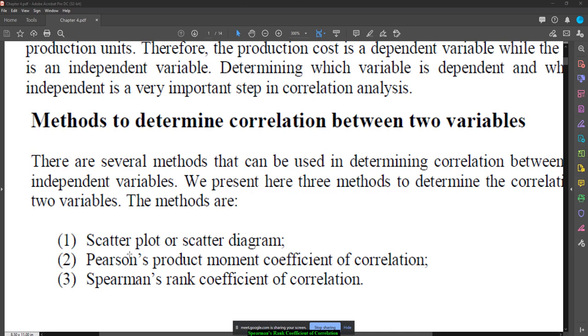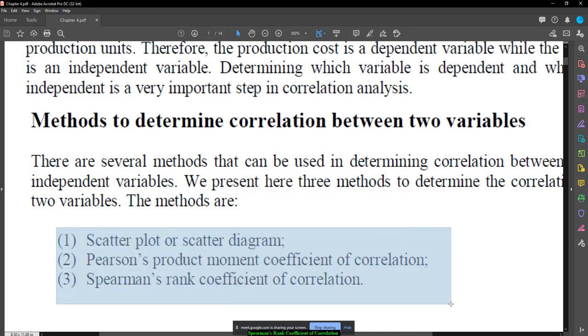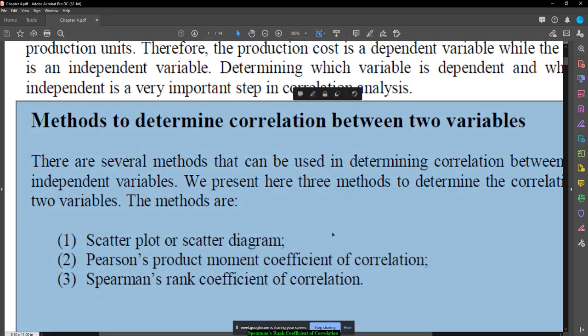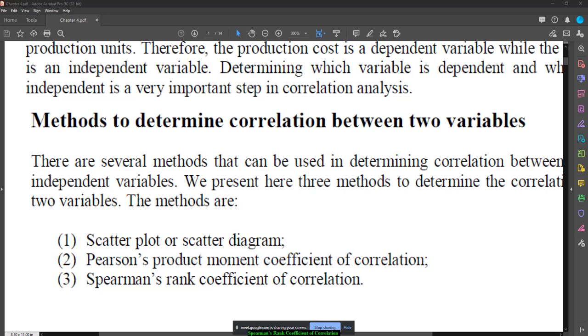The second method is the Pearson product moment coefficient of correlation. This method gives us the value of R, which indicates the strength of the relationship between two variables. Another method is the Spearman rank coefficient of correlation.